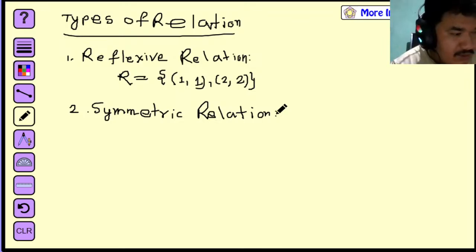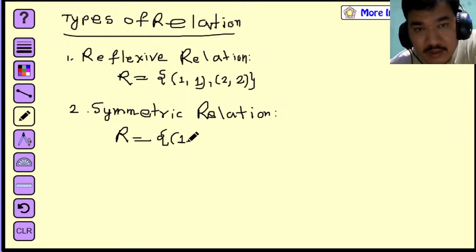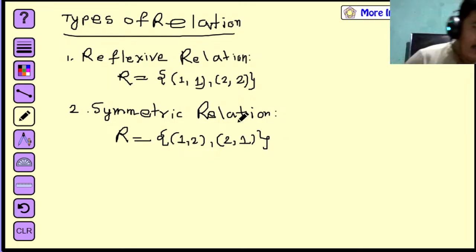In symmetric relation, this example will be clear. It is the set of ordered pairs in which the relation will be like this: (1, 2), and its y component is 2. Then the y becomes the x in the second ordered pair, (2, 1). This is called symmetric relation.